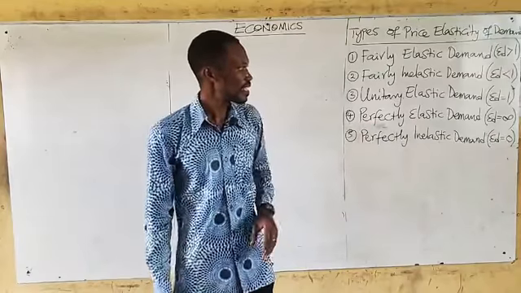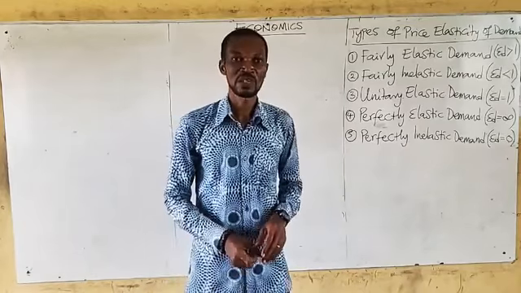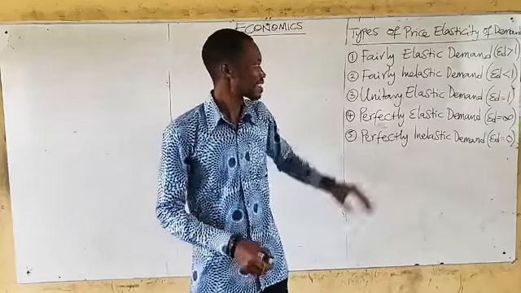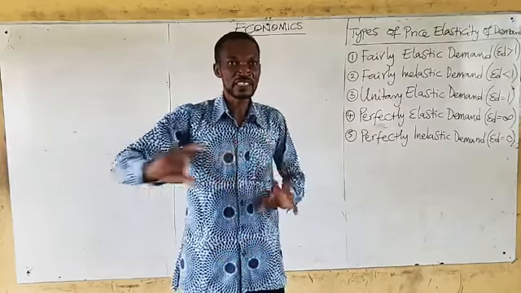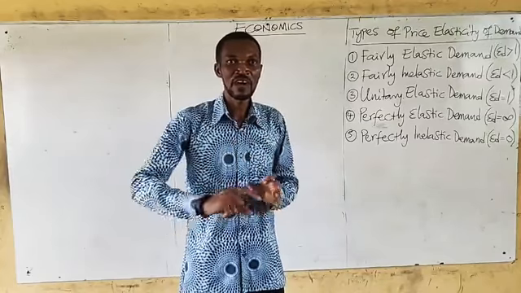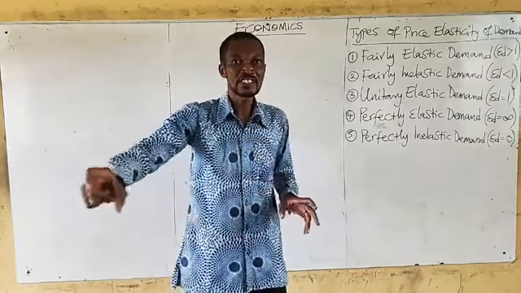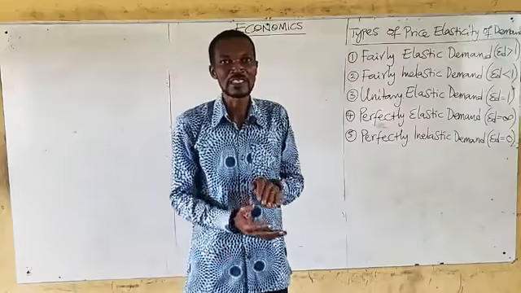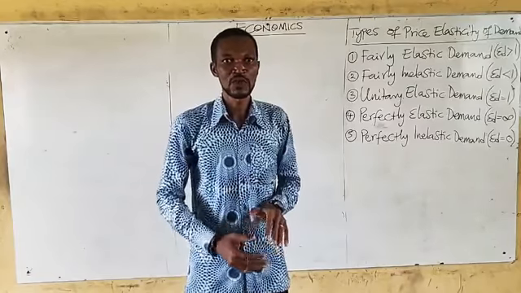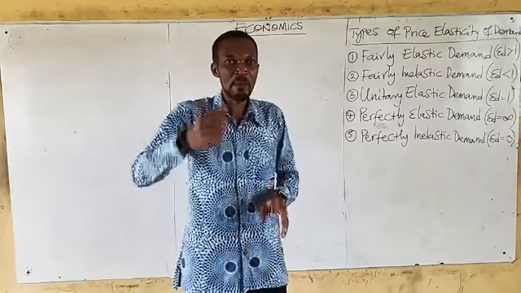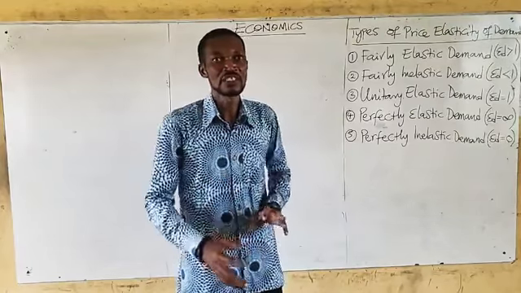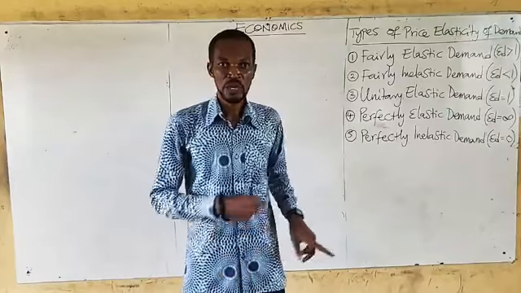What about perfectly elastic demand? In that case, there is an infinite, a complete change in the quantity, but the price is fixed. So we say it is when at a fixed price an infinite quantity is purchased. We will get back to it.